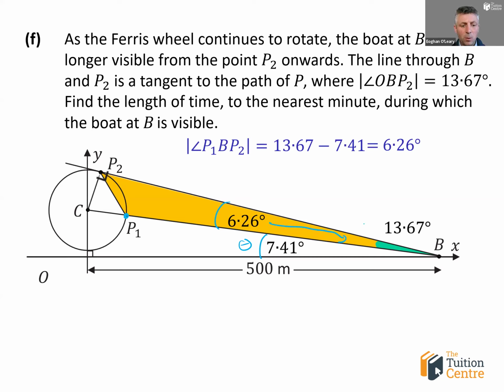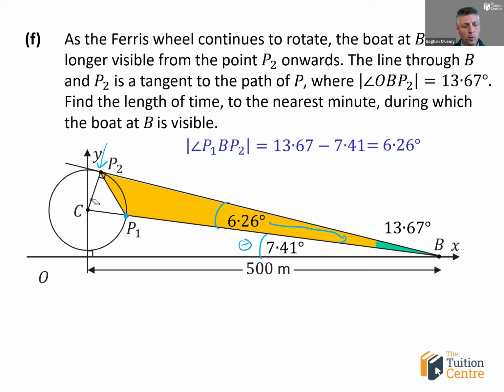Now, we know, of course, that the tangent to the circle is going to be perpendicular to the radius of that circle hitting at the point of tangency. We came across that in one of the other earlier questions in this year's paper as well.